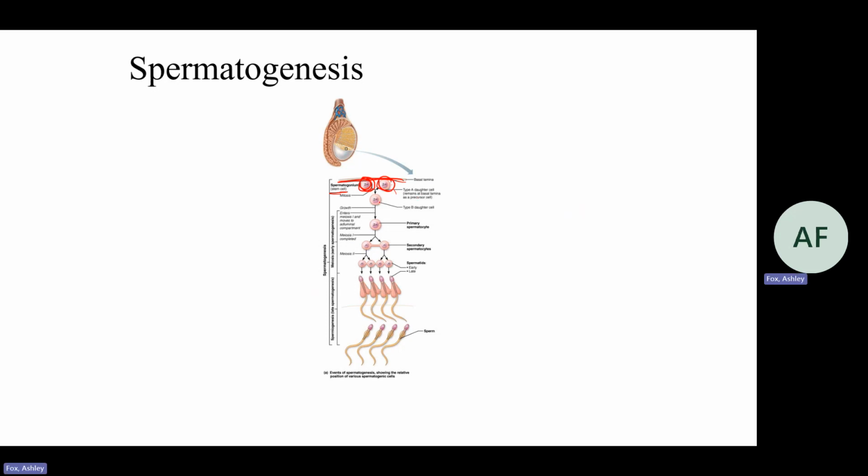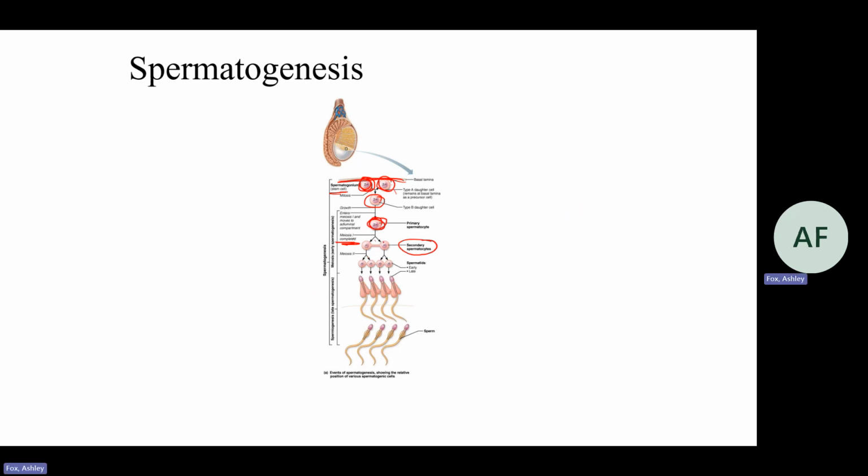The type B daughter cell is going to lead into the primary spermatocyte. And it's going to start meiosis 1. Once meiosis 1 is completed, so it's finished, it's going to be a secondary spermatocyte.